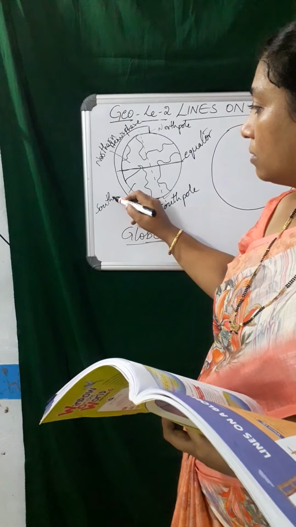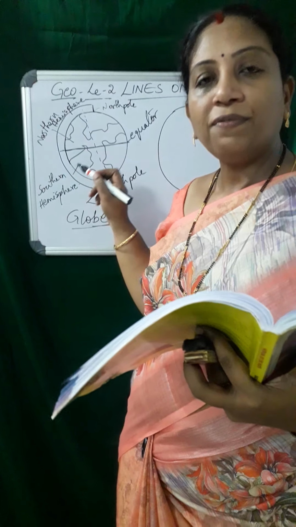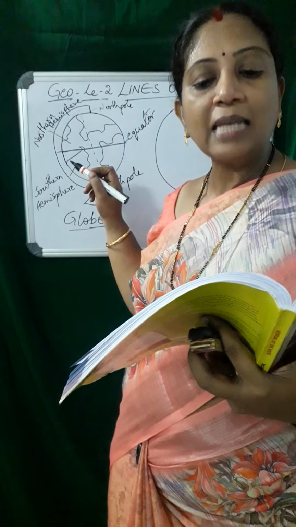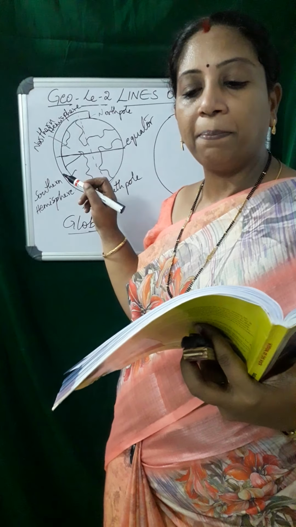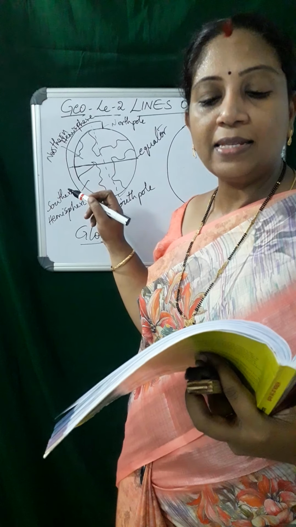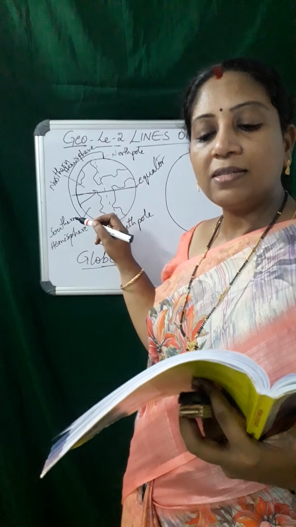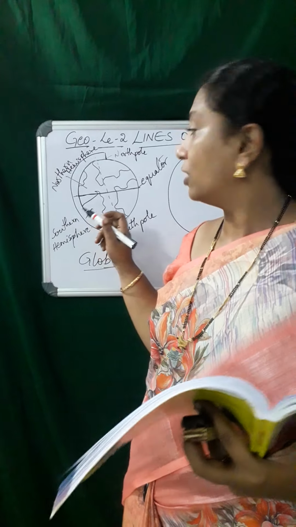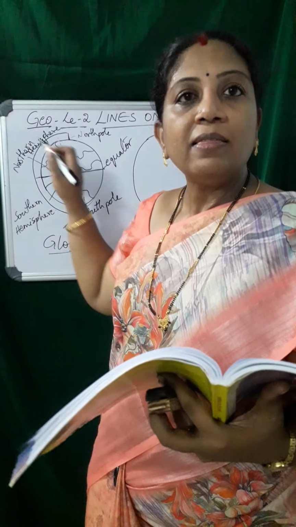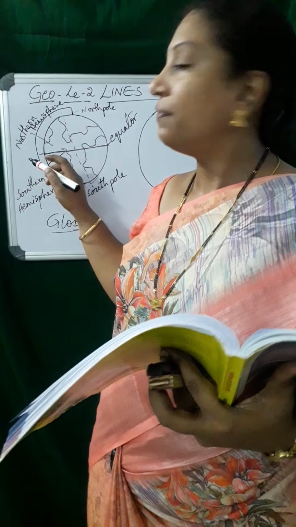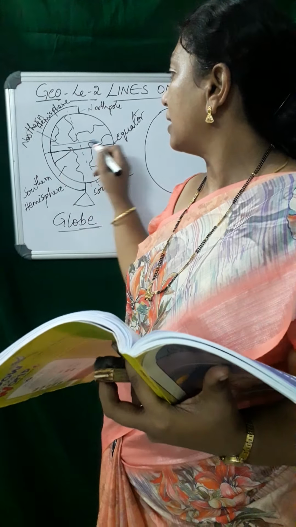Okay, children. Now, how to locate the places on the globe? Let us see. Since a globe is a true representation of the earth, it helps us understand the correct shape and size of the continents, countries, oceans and seas on the earth. Here we are having different lines like this. These are latitudes.